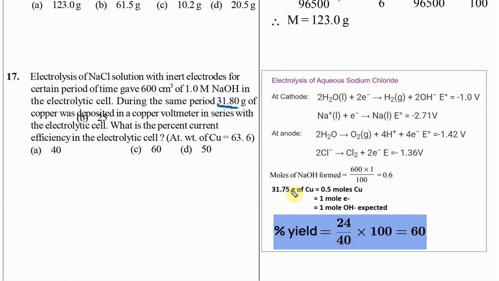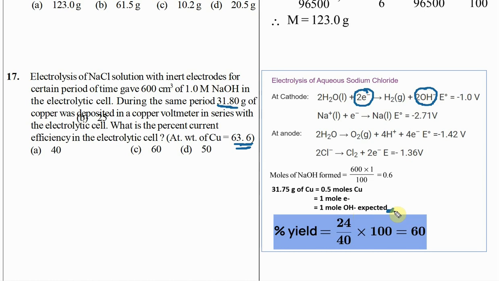So many grams of copper, divided by the atomic mass of copper, divided by n factor of 2 electrons, will give you moles of copper. Because copper needs 2 electrons for every mole of copper to be deposited, the moles of electron is times 2. Now you can see here 2 mole electron is 2 OH minus, then 1 mole electron corresponds to 1 OH minus. So this is the moles of OH minus expected.